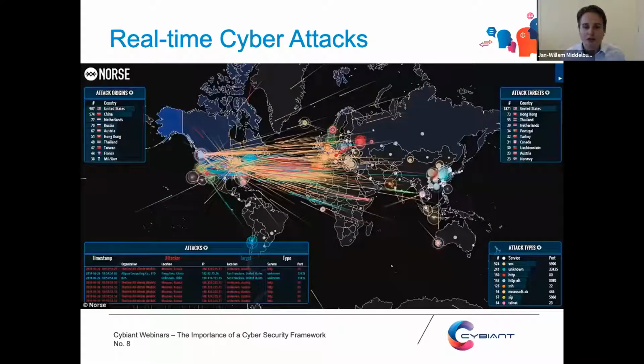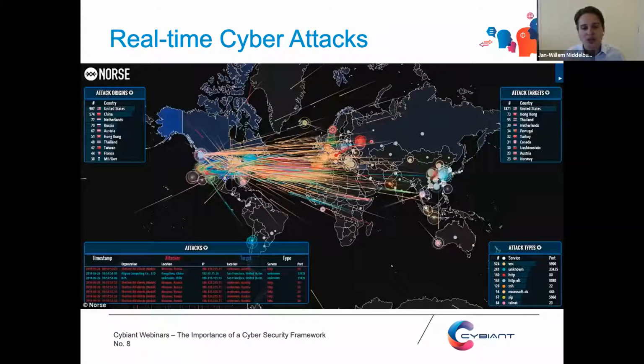One of my favorite graphs that I also always like to show in any kind of talk about cybersecurity is this interactive map. Of course, I've just taken a screenshot to showcase in this webinar, but if you Google online for real-time cyber attacks, you can find a very interactive map like this, which measures and tracks real-time cybersecurity attacks that are happening across the globe every single minute.